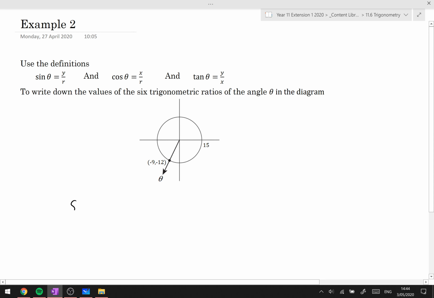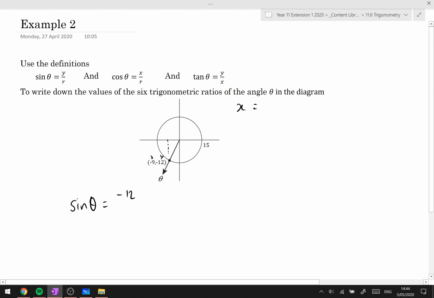So let's start off with sine. Sine theta is equal to y over r. So y in this case is the difference in the vertical, okay? So that is the second part of the coordinate. So this one is -12. So sine theta is equal to -12. In fact, you can write your information over the side here. So using this point, so this coordinate, I know that's x and that's y.